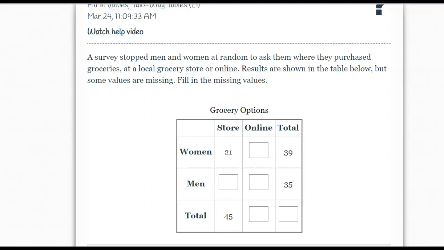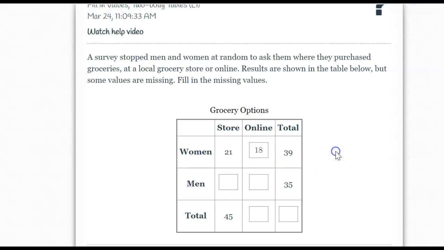So let's look. If I look just at this women's column, I know that 21 of the surveyed women bought groceries in a store. How many bought online if there were a total of 39? How would I go about that? Well, I'm going to take my total and subtract my store so that I'm going to get 18.